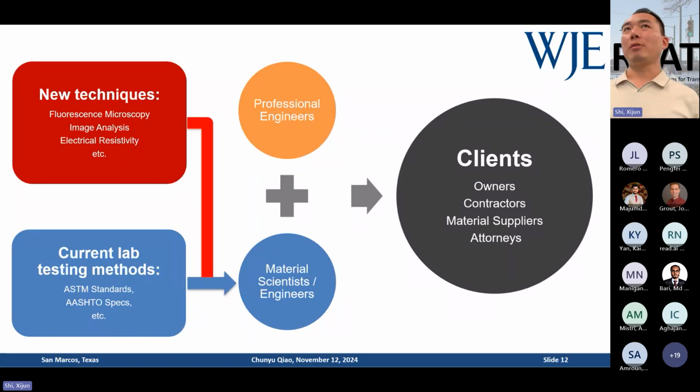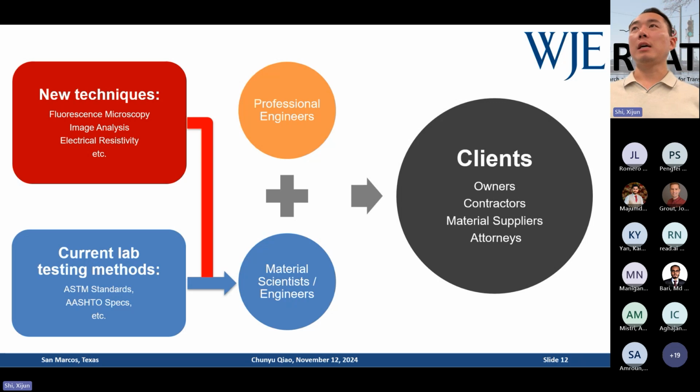As material scientists or engineers, petrographers have our current testing lab tools. We have ASTM standards, we have AASHTO specs, or we have other industrial codes or guidelines as, let's say, the measuring sticks for different cases, or the tools for different petrographic examination or investigation, and also over the development of new technology over time.